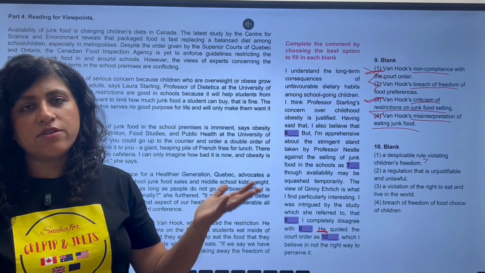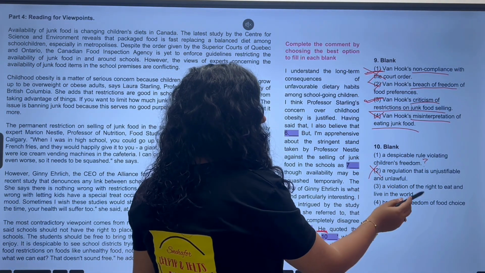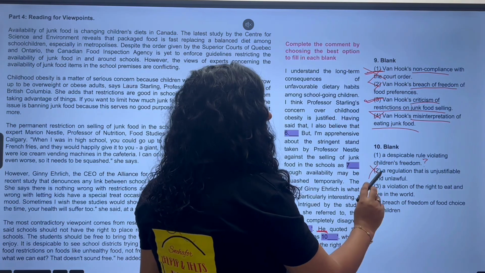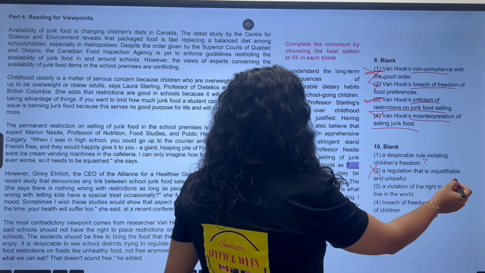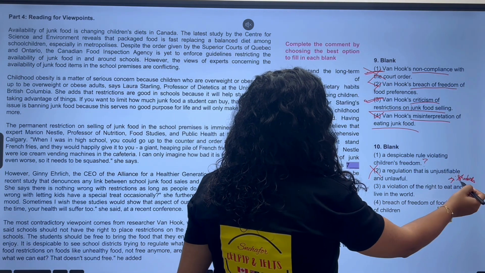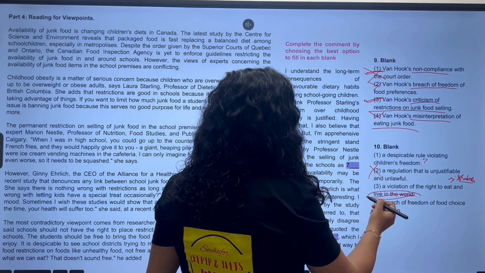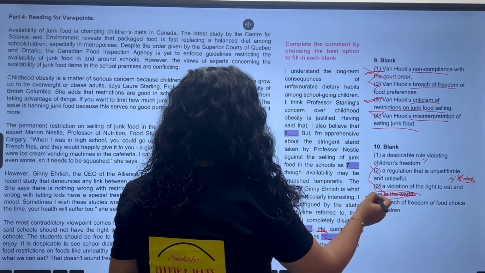These are certainly not the words of Van Hook. Cannot be my answer. Violation of the right to eat and live in the world. Okay, violation of the right to eat, but that should be related to students. So that is missing. And live in the world. Now, this is not there in this viewpoint, not at all. So this cannot be my answer.